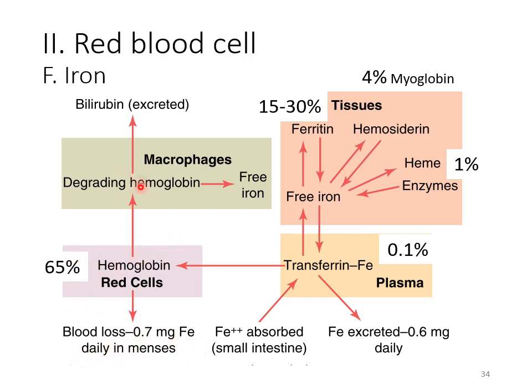When the red blood cell is old and hemoglobin is degraded, we mentioned that the porphyrin ring will be converted to bilirubin and excreted, and the free iron will be recycled. Now, what happens to this free iron? For free iron, 15 to 30% of it is stored in ferritin.